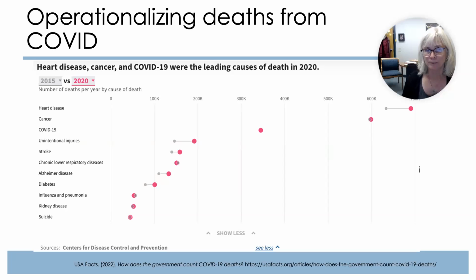Think about COVID and how we might operationalize the degree to which COVID is a problem within the US. One way is to simply count the number of deaths from COVID. And as you can see here, COVID deaths, it's right here, fewer than for cancer or for heart disease, but certainly more than many other diseases, at least in 2020.